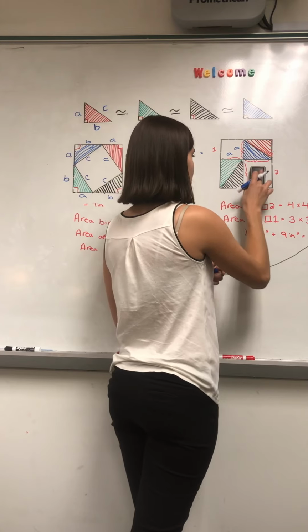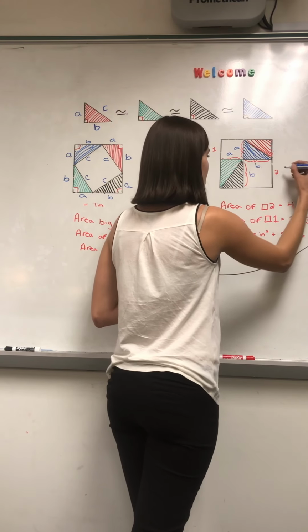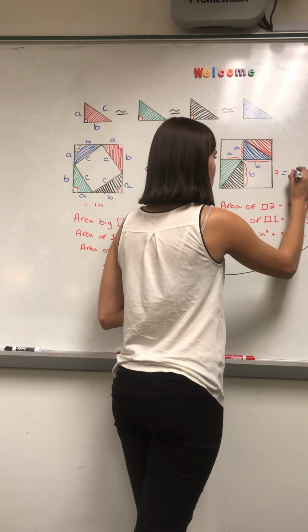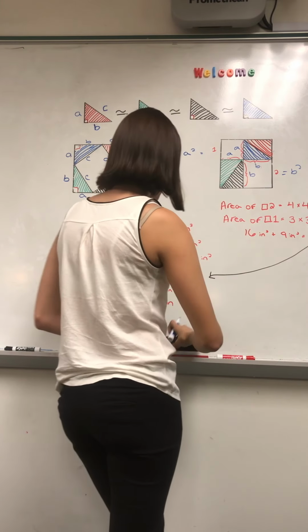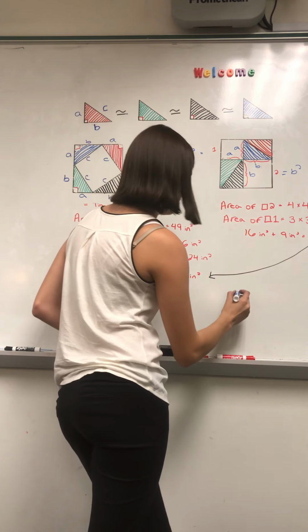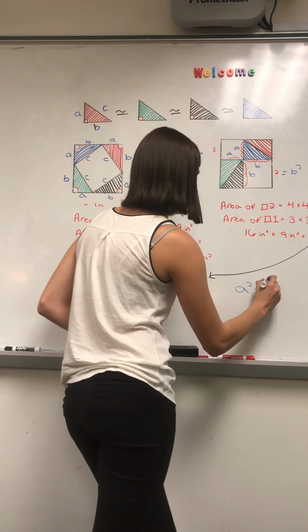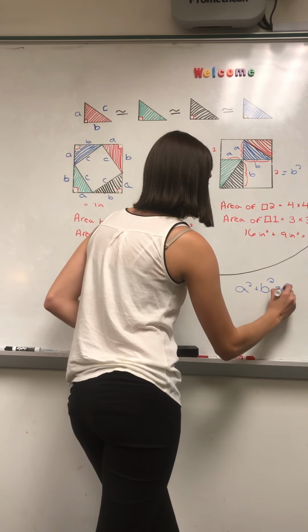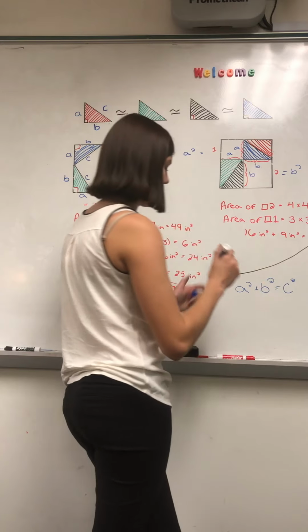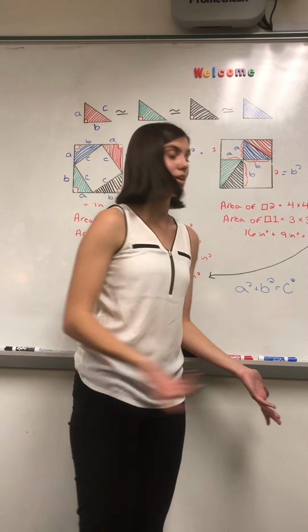And these are the longer sides of 4 inches, which we have now labeled B. So we would agree that that area would be equal to B squared. So what that means is we have proven that A squared plus B squared equals C squared when you have right angle triangles. All right, and that's really all there is to the proof.